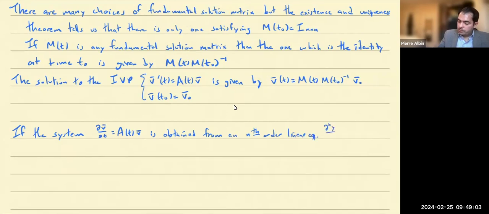So nth derivative of y plus a_{n-1} times the (n-1)th derivative of y and so on, then this notion of Wronskian coincides with the previous one.